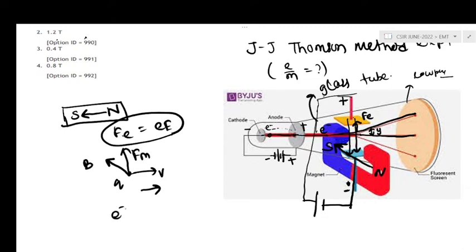But here it is an electron, so our force direction will be downward. That is Fe in upward direction, Fm in downward direction.